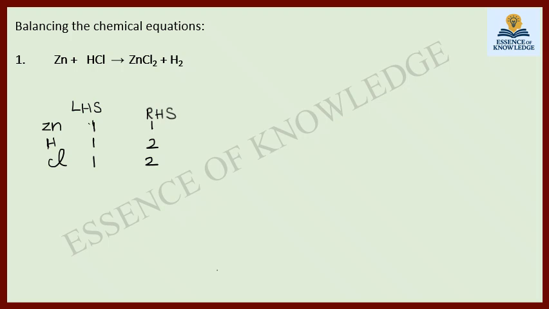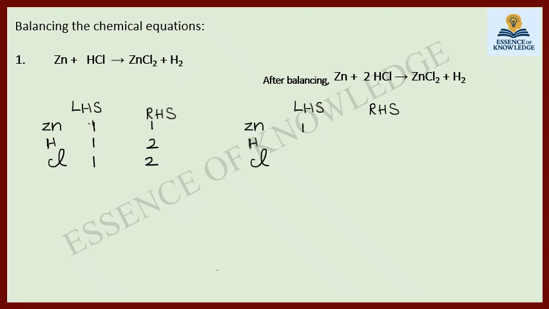So in order to balance this, I have added 2 before the HCl. After balancing, zinc has one atom on the left hand side, that is the reactant side, hydrogen has two atoms and chlorine has two atoms on the reactant side.